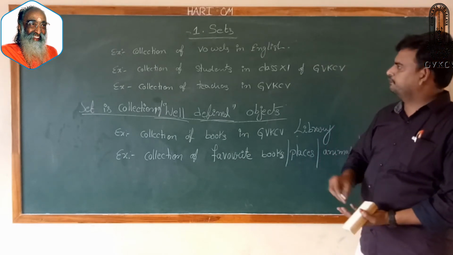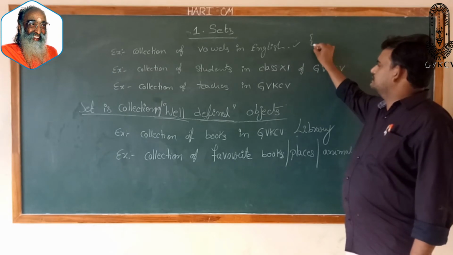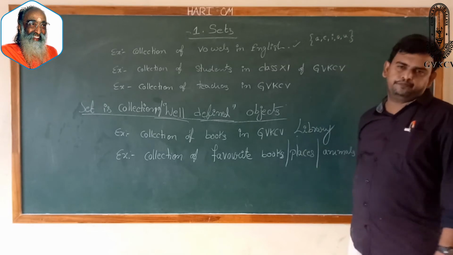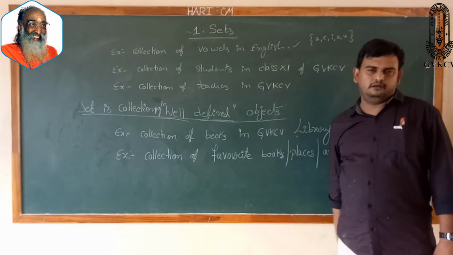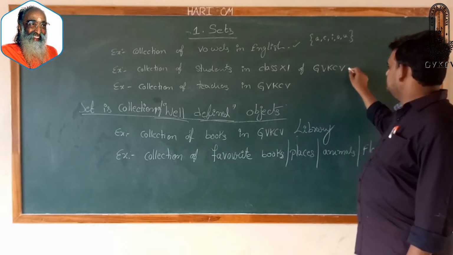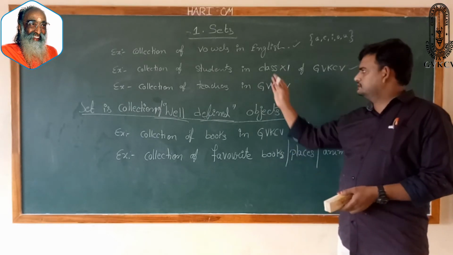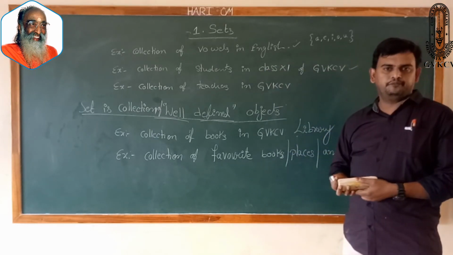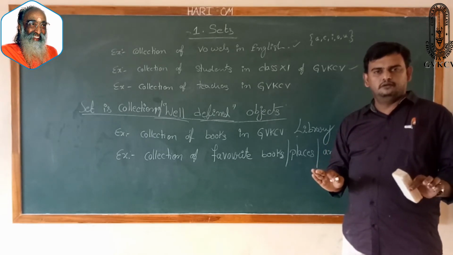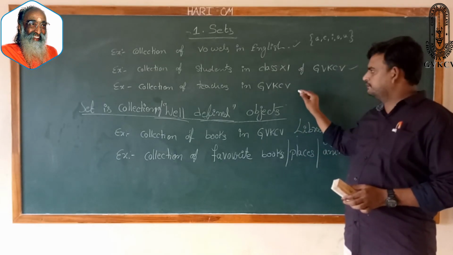When I ask for the collection of vowels in English, everywhere you will get the same answer: A, E, I, O, U. That is a universal fact, it never changes. Collection of students in class 11th of GVKCV: here we have only 10 students, and the list is fixed. Whomever you ask, you will have the same names.